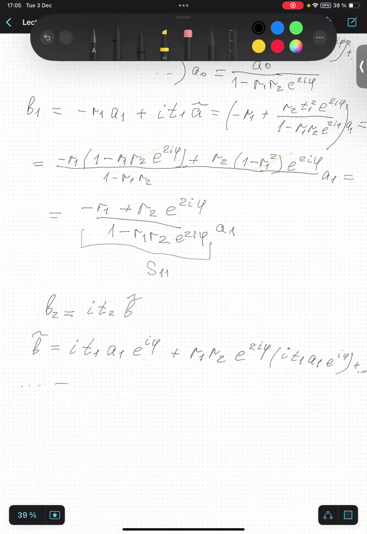And then as the result, we can write that i T1 e^(i phi) A1, the same denominator.